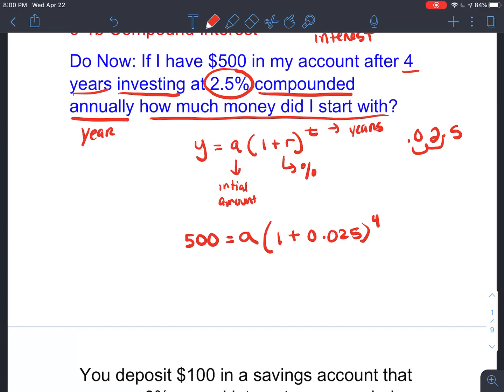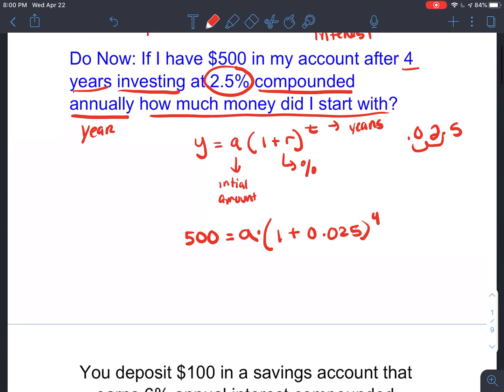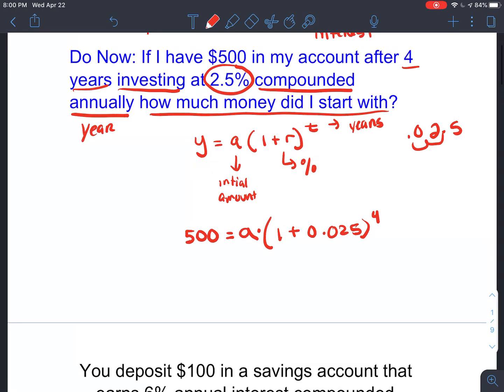So now the question is, how do I find out what that A value is? Well, remember that this is multiplication. And although it doesn't look very nice, this right here is just a value, right? I can plug that into my calculator and get a value for it. So if I wanted to solve for A, what I can do here is I can divide by this entire value on both sides.